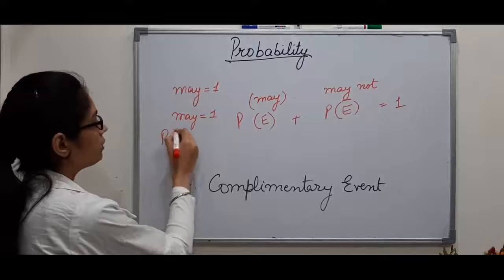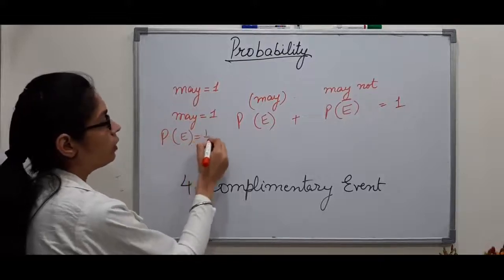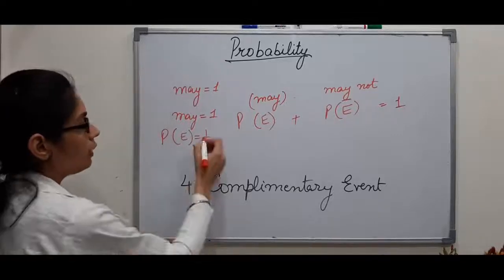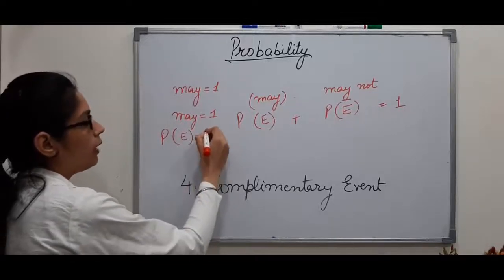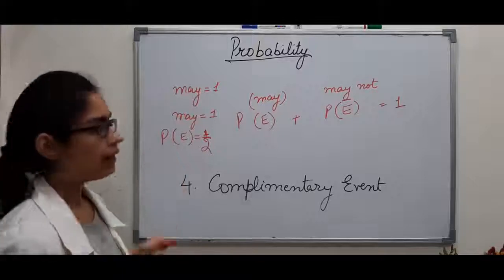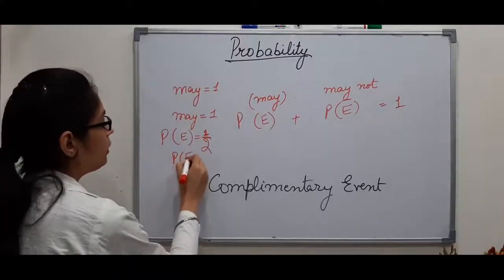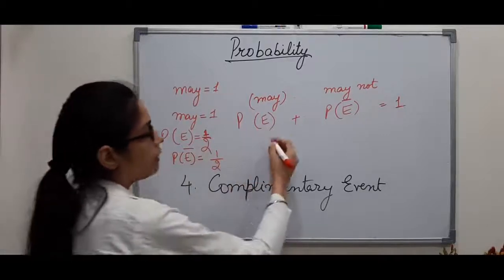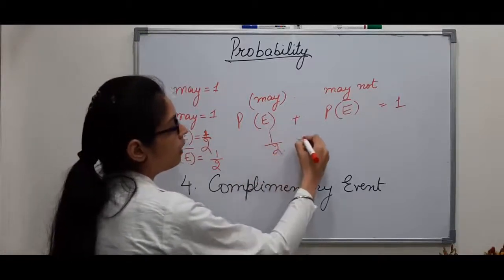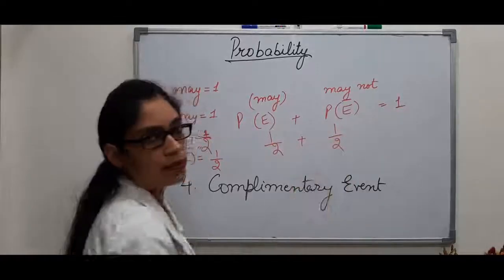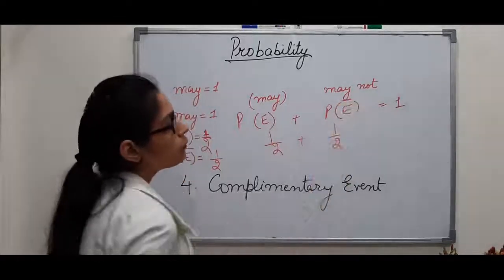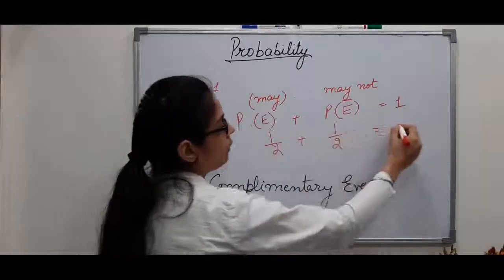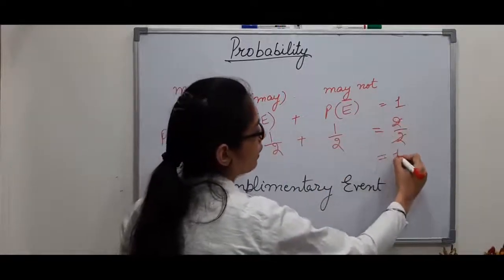So PE I was getting 1 by 2, for it may rain today, because total number of outcomes is 2 and favorable to E is 1. And in the same way for PE bar also I will get 1 by 2. So when I add PE, which is 1 by 2, and PE bar, 1 plus 1, 2 over 2, I will get 1 as my answer.